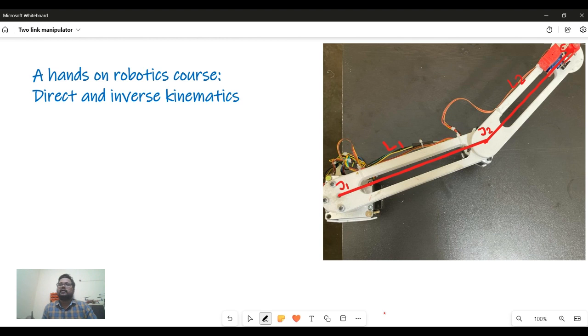As you can see, this is the end effector and this is the workspace. This complete table is the workspace. So you can draw an axis system.